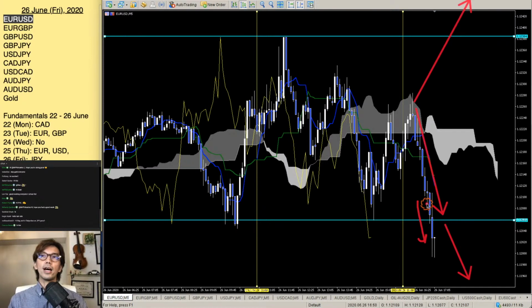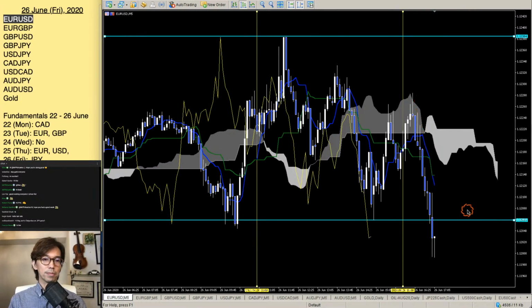So in this case, this is a 5-minute chart, and there is no retracement yet. After the breakout, you don't really want to jump into the market, because there might be some retracement and it goes back into the range.